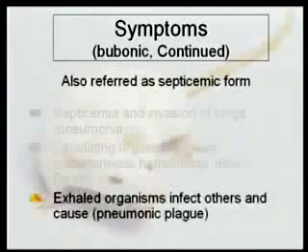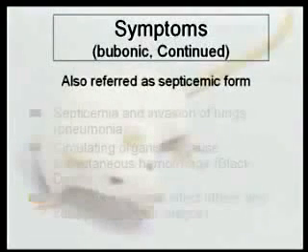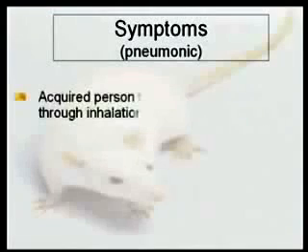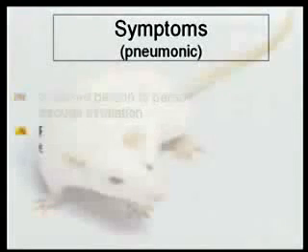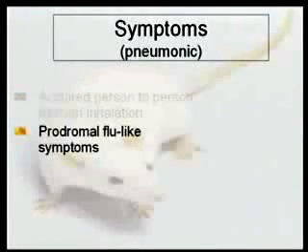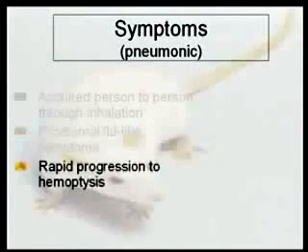Okay. Exhaled organisms infect others, causing pneumonic plague. That's repetition, which is not always bad. It is acquired person to person, obviously, pneumonic plague. Prodromal symptoms are flu-like. Okay?